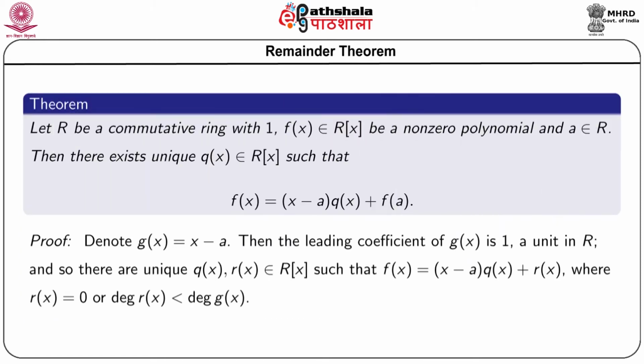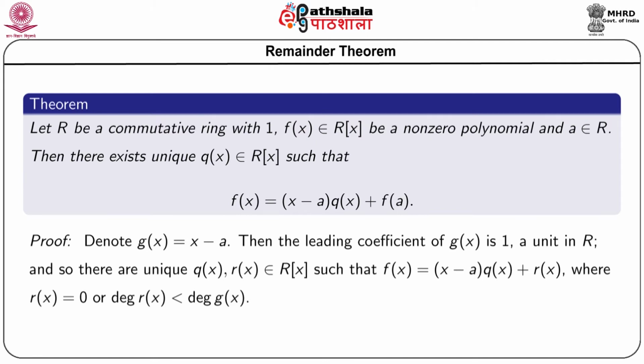This theorem is known as the remainder theorem, which states the remainder when a given polynomial f(x) is divided by x minus a. Very interesting is that the remainder is obtained by a only.